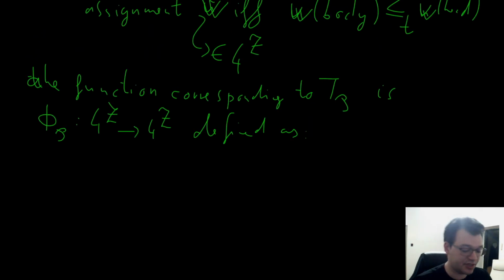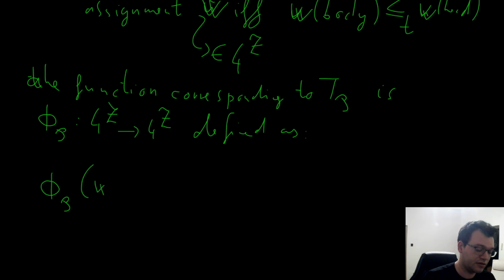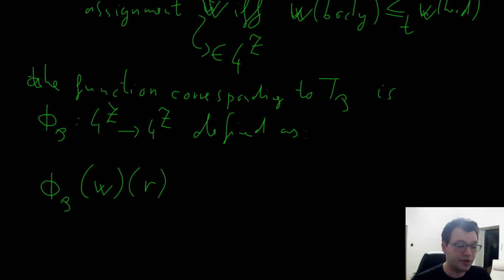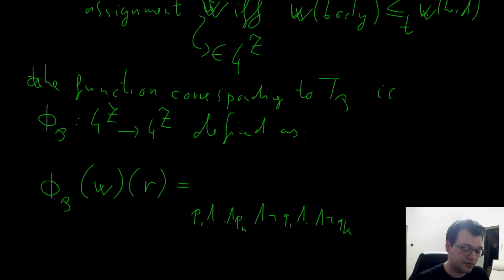So basically, if I'm transforming a variable assignment, and I want to check the new value of a variable r, then I have to collect all the clauses which have r on the right hand side within the program, right?